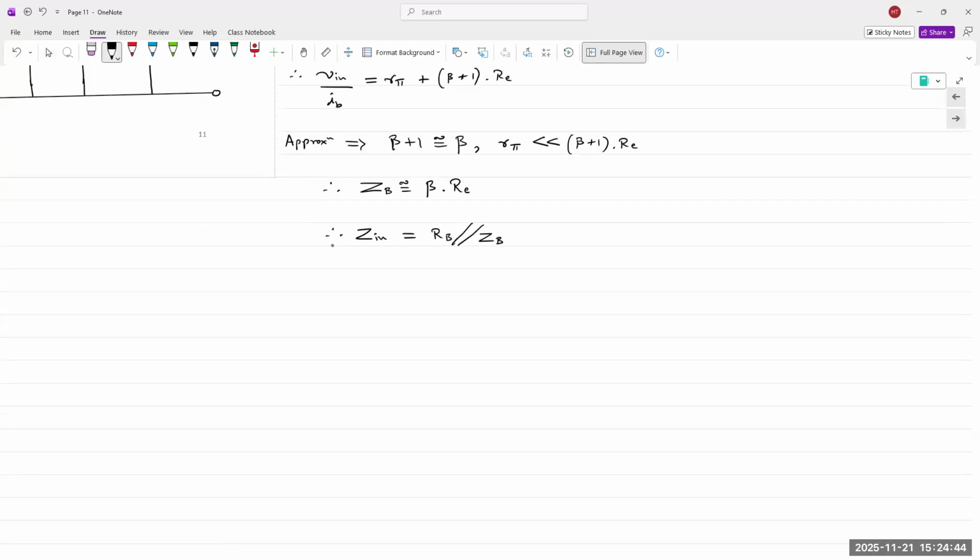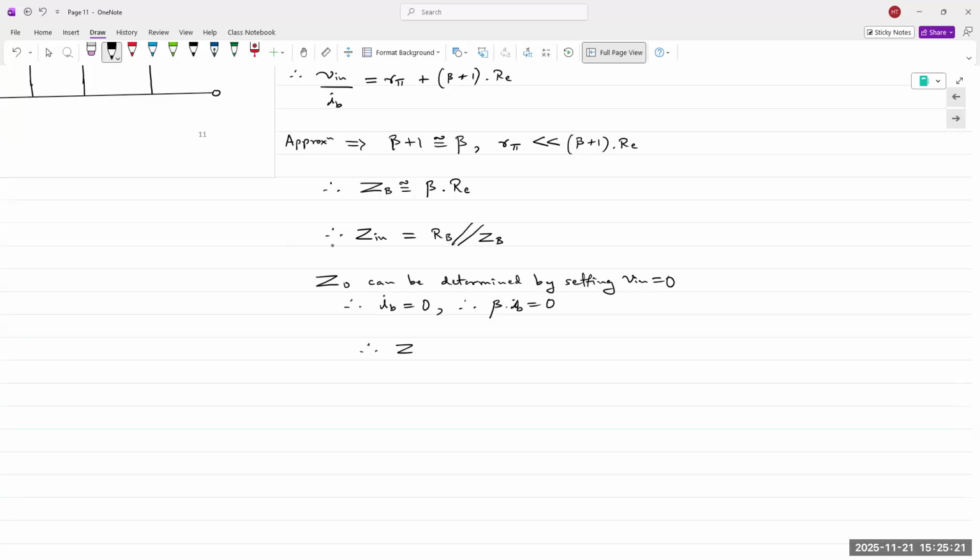So ZO: V in equal to 0. If V in is equal to 0, that means the base current IB is equal to 0. Therefore, beta times IB is also equal to 0.